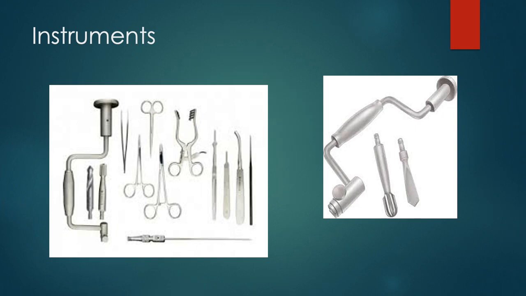We have the periosteal elevator, we have the mastoid retractor or the self-retaining retractor, we have the arteries, the scissors, and then the pickups, whether toothed or non-toothed, and then the suction catheter, which is attached to the suction tube.